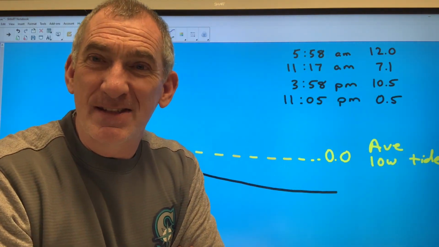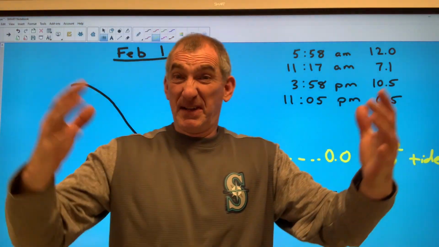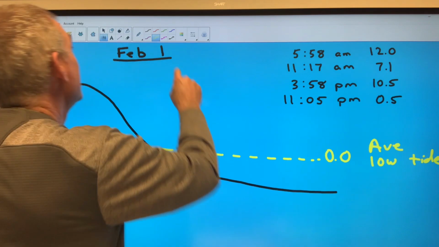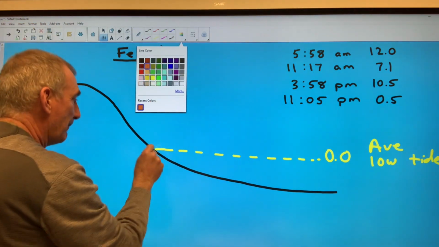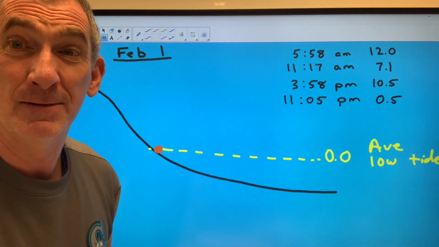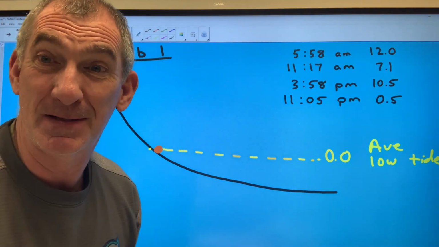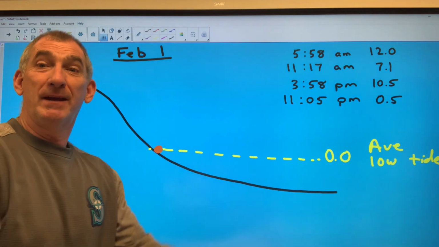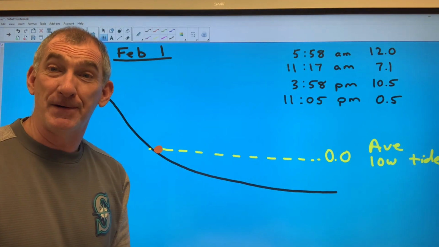After 365 days, there were a lot of flags in the sand. They averaged them out, and they said, this is it. And they painted a rock orange right here. They said, this is the average low tide. This is 0.0.